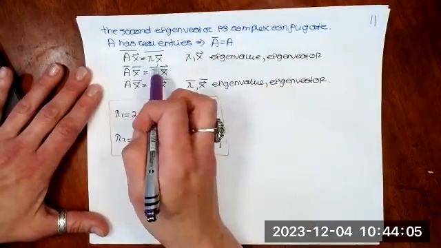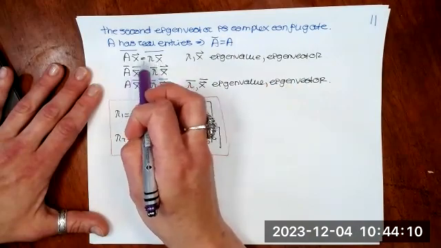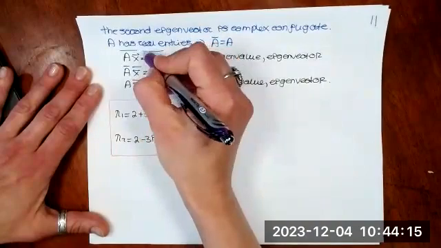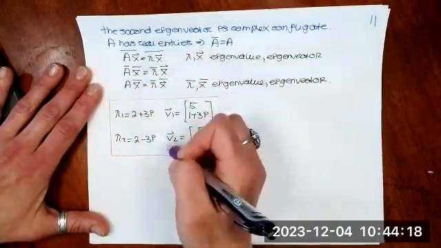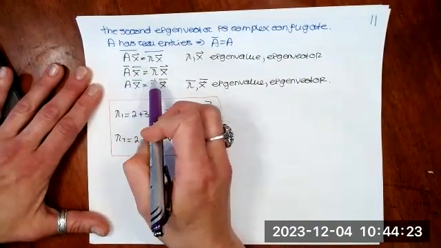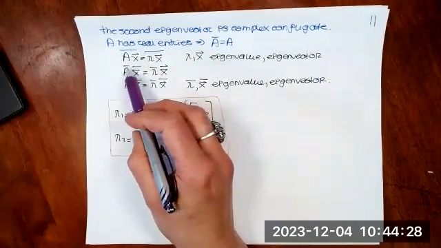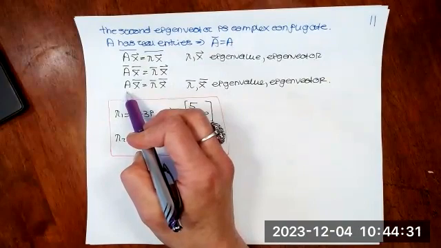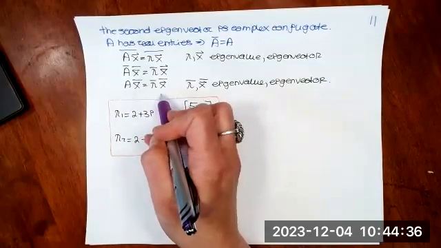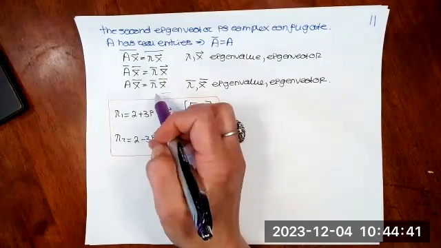So if I look at my pair, AX equals lambda X. If I take complex conjugates of both sides, then the conjugate of AX is the conjugate of A times the conjugate of X, and the conjugate of lambda X is conjugate lambda times conjugate X. And the conjugate of A is A because A is real. So what we end up with is that A times conjugate X equals conjugate lambda times conjugate X. But this is exactly the definition of an eigenvalue, eigenvector pair.